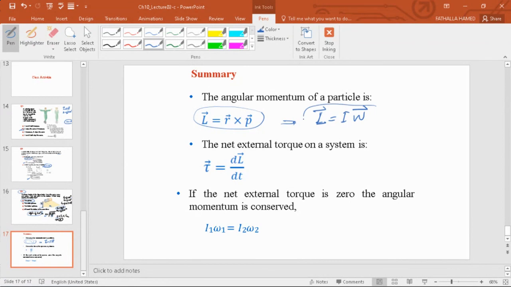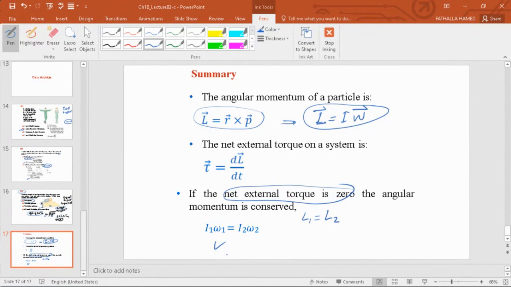And the net torque on the system is equal to dL by dt. But when this net external torque is equal to 0, then you will have L1 equals L2, and that's why we say I1 omega 1 is equal to I2 omega 2. We say that this is conservation of angular momentum.